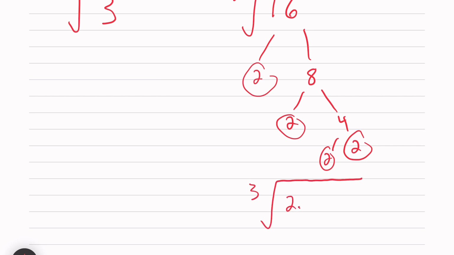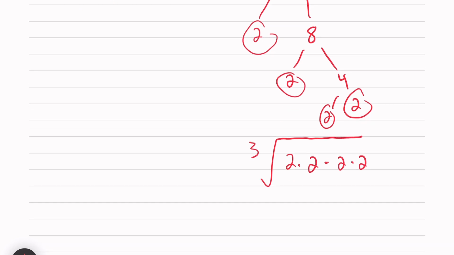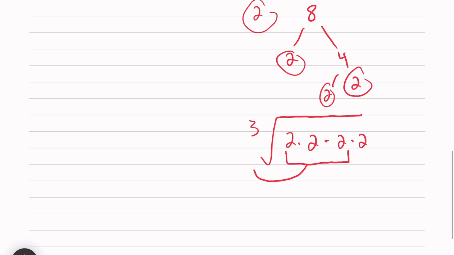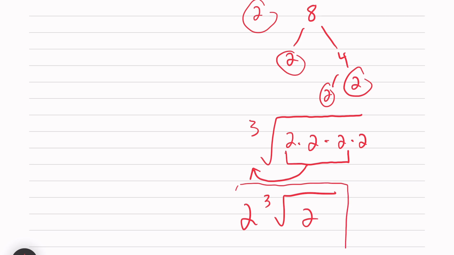So we're going to go 2 times 2 times 2 times 2. And of course, we're only interested in that which occurs in sets of 3 because it's a cube root. So we'll take this batch here, pull it out, and get 2 times the cube root of 2. And this is the radical form of 4 to the 2/3.